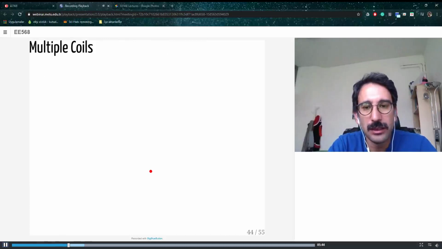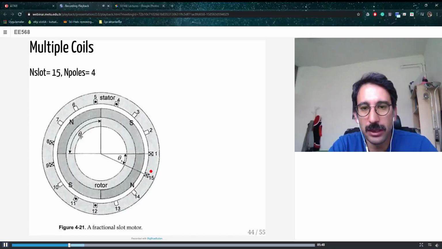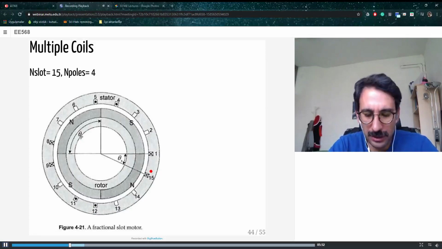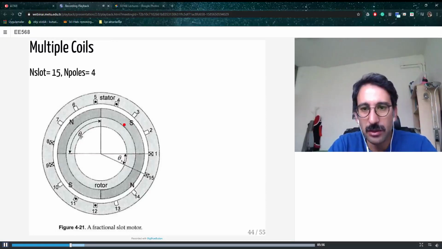Okay. So then what we are going to do is combine multiple coils. Here again, it's kind of an unconventional machine, but never mind. Here again we have a 4-pole machine, north south, and we have 15 slots.